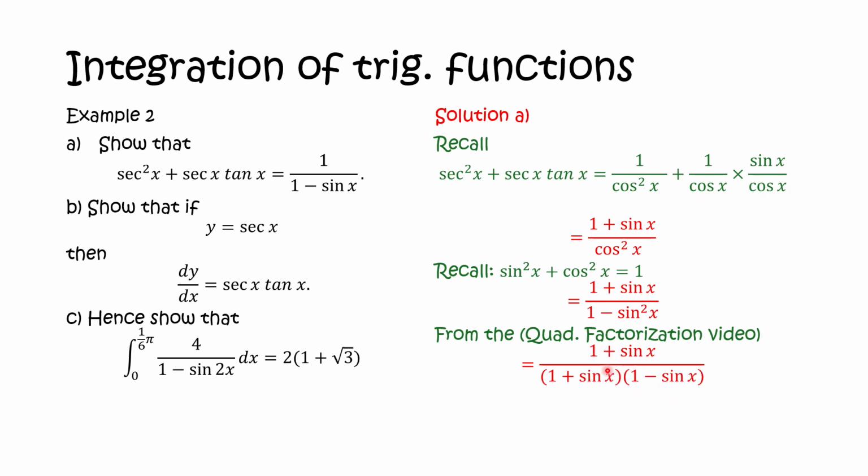And of course, the two terms in the denominator are multiplying, and one of the terms is the same as the numerator, implying that these two can cancel out. When we cancel this out, we are now going to have our final answer as 1 over 1 minus sine x, which shows what we were given in the first place.